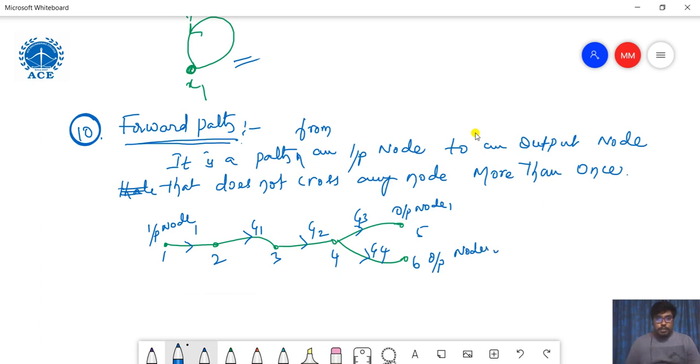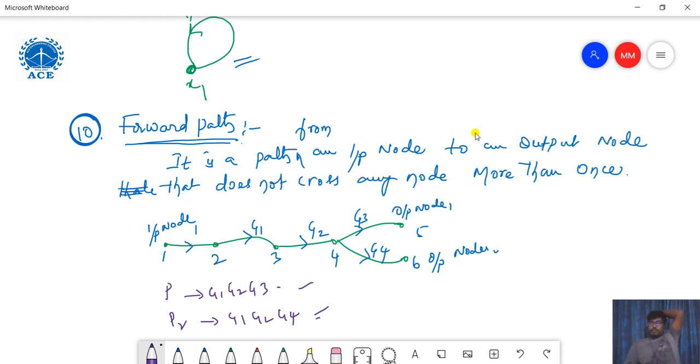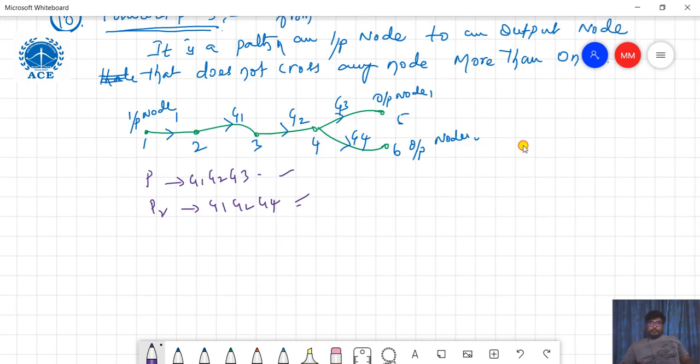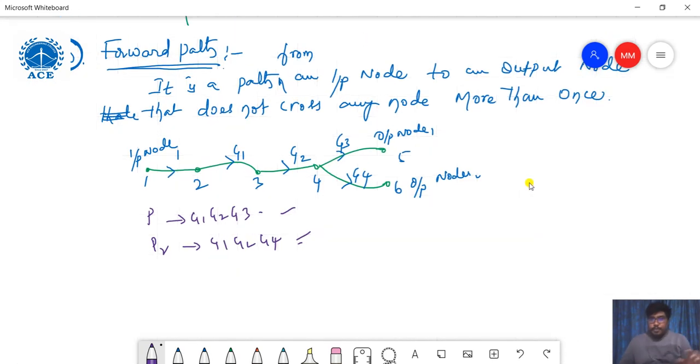So see here, input node to output node, so I can name it P. Then G1, G2, G3 is one, another if I take G1, G2, G4, right? Two forward paths we have here. Got my point? Okay, it's clear, right?